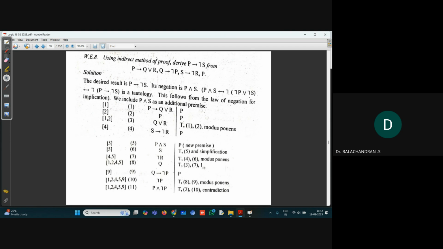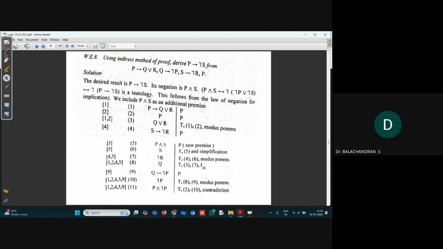What is the conclusion here? P → ¬S. The desired result is P → ¬S. They are telling its negation is P and S.